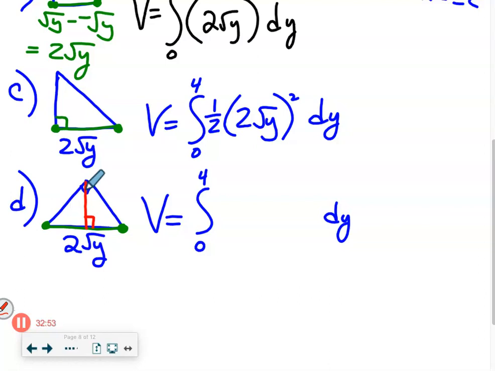So if the whole base is 2 root y, the height is just root y. So I tend to do that, but you could do whatever you want. So anyway, 1/2 times the base, pretend that's a root y, times the height, root y. So you end up with just the integral of y.